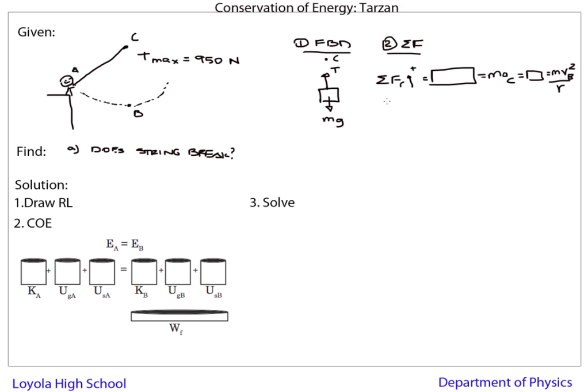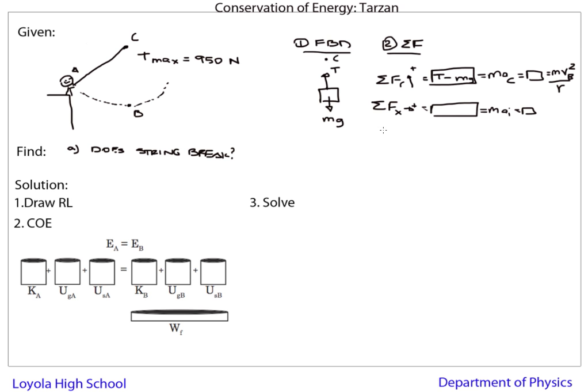So in the radial direction, I actually see two forces. I see a T, and I see minus mg.